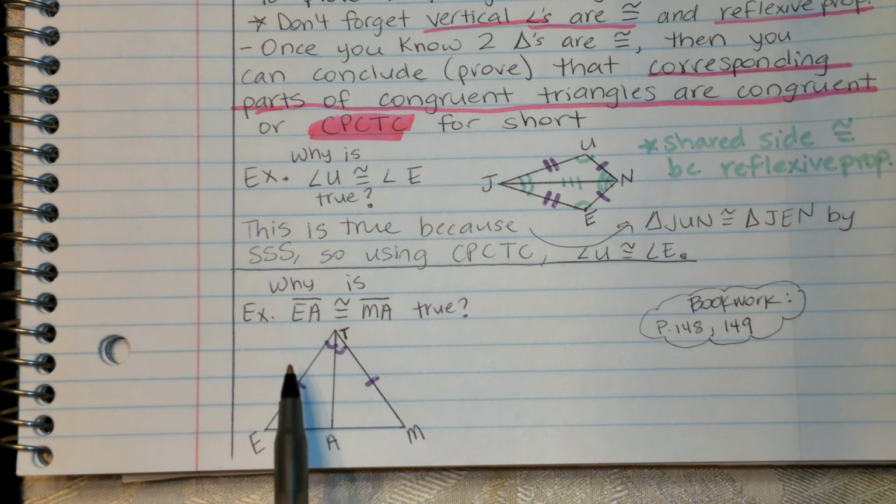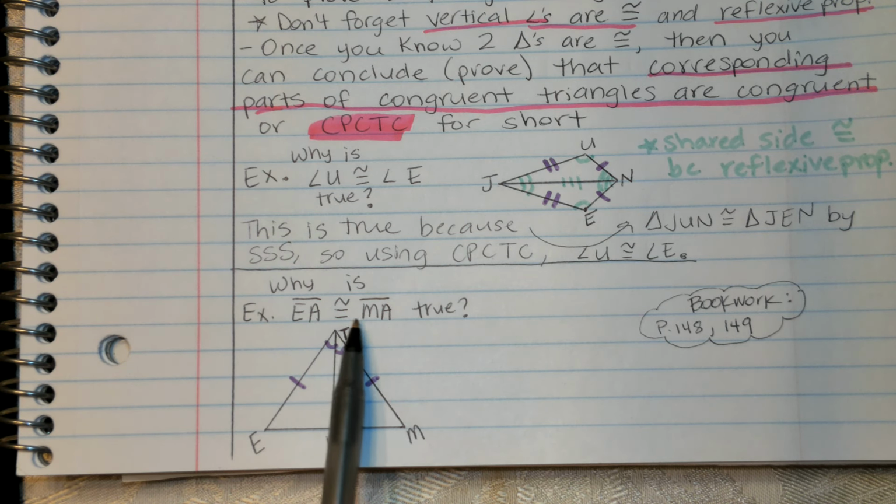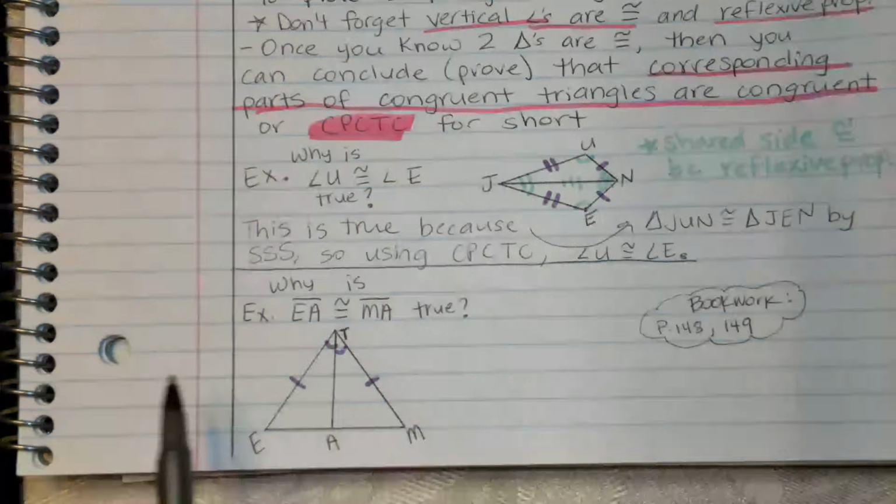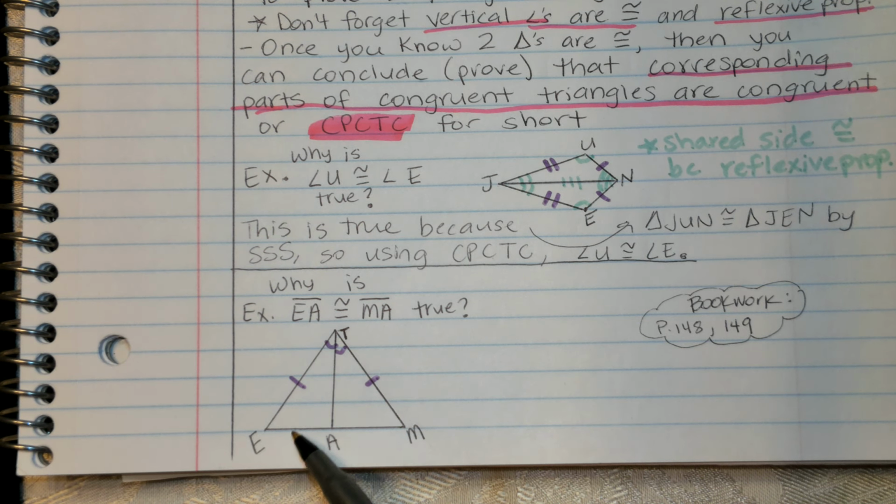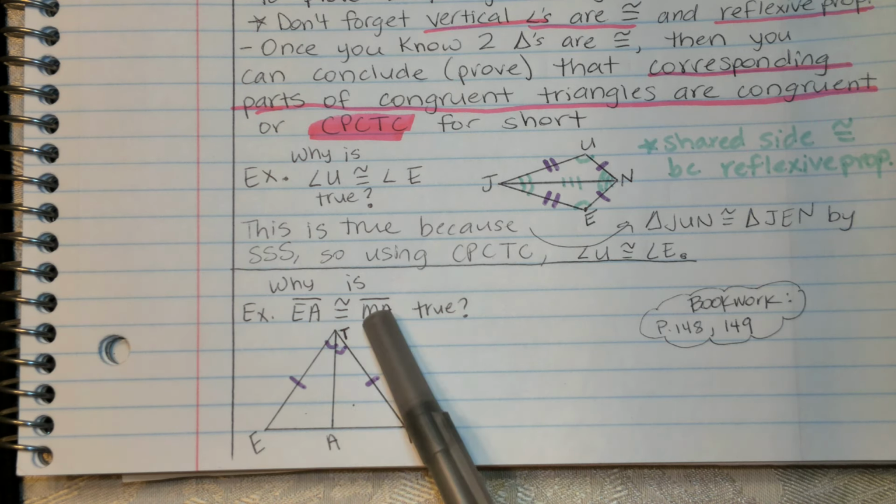Why is segment EA congruent to segment MA true? So in my mind, I'm thinking, well, I have to prove these two triangles are congruent. And once I do that, then I can say CPCTC proves that corresponding segments of congruent triangles are congruent. So once you've proven that the triangles are congruent, all of the corresponding, or the matching up angles or sides, are then congruent as well.